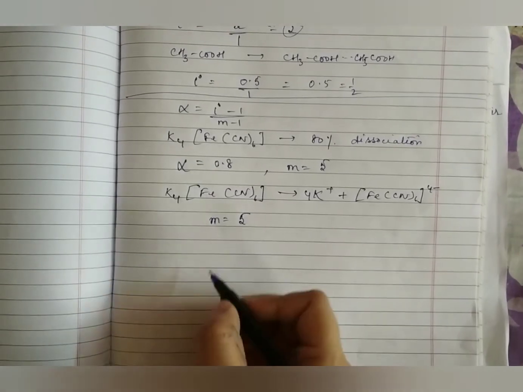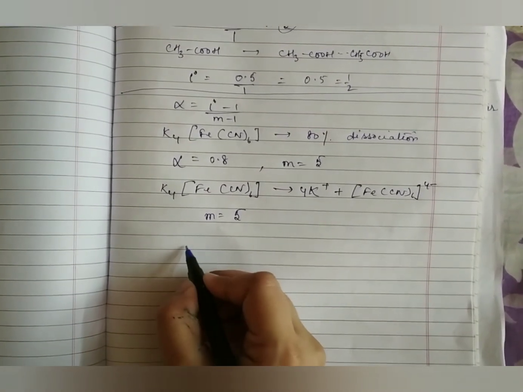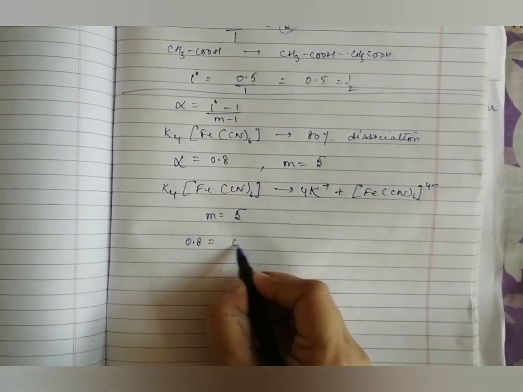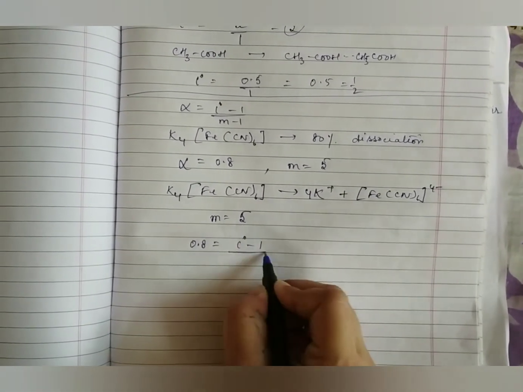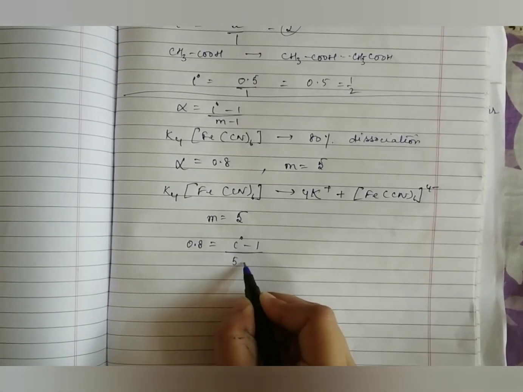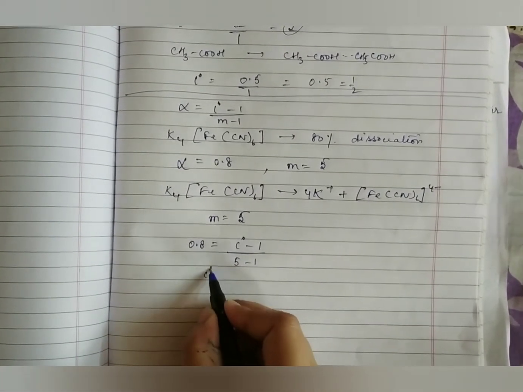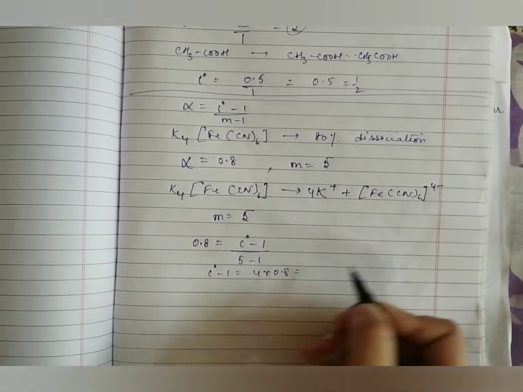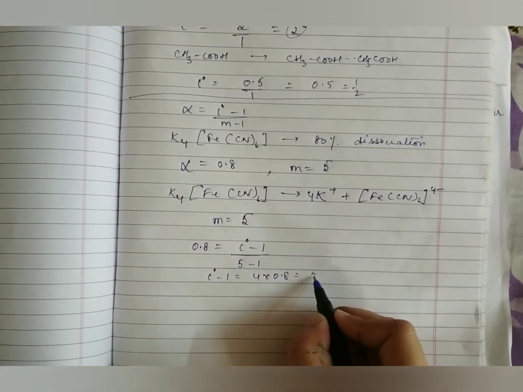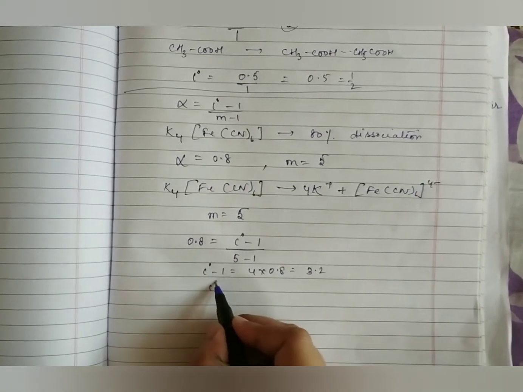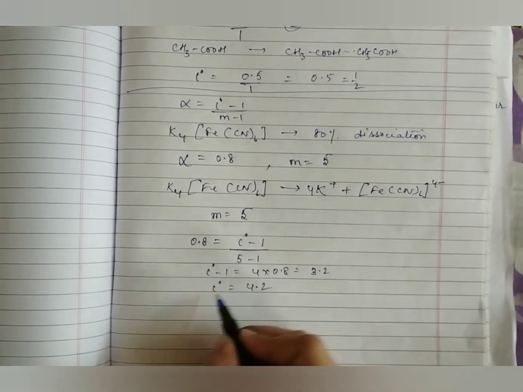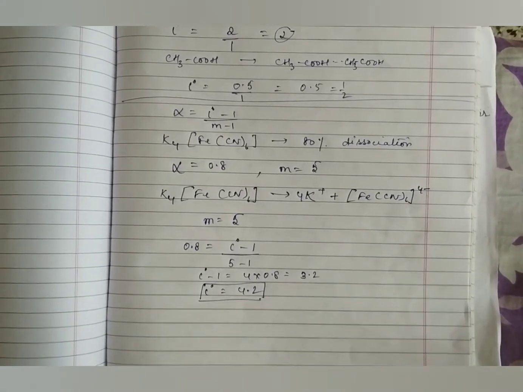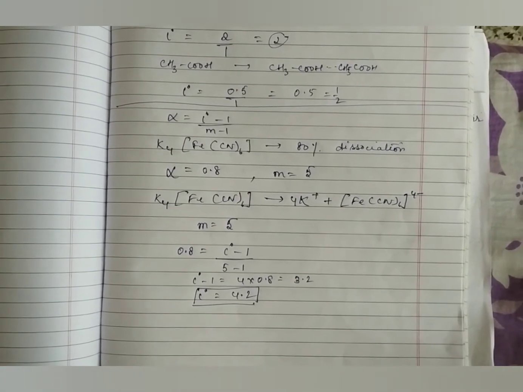Now let us calculate the Van 't Hoff factor. Degree of dissociation 0.8 is equal to (i minus 1) by (5 minus 1). So i minus 1 becomes 4 into 0.8, so it becomes 3.2. So i is equal to 4.2. So the Van 't Hoff factor in this case will be 4.2.